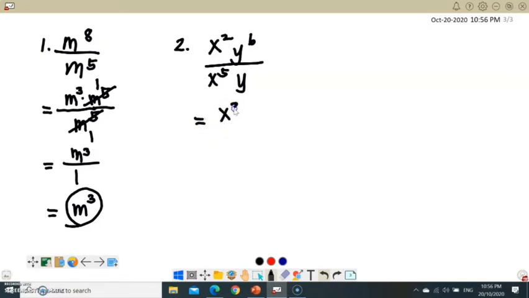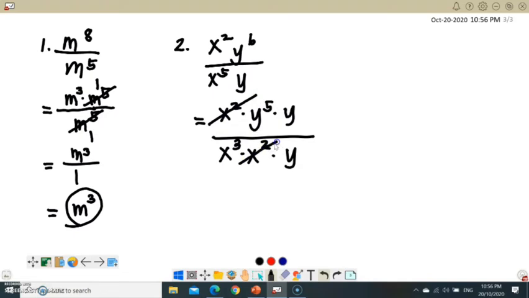We have x squared multiplied by y raised to 5 multiplied by y, over the factors of the denominator, x cubed multiplied by x squared multiplied by y. Third step, we cancel common factors from the numerator and the denominator whose quotient is equal to 1. So x squared is cancelled with x squared, y is cancelled with y.